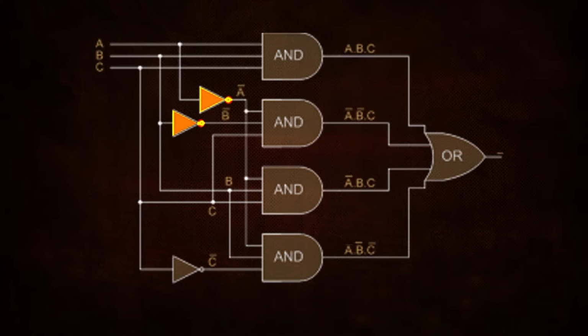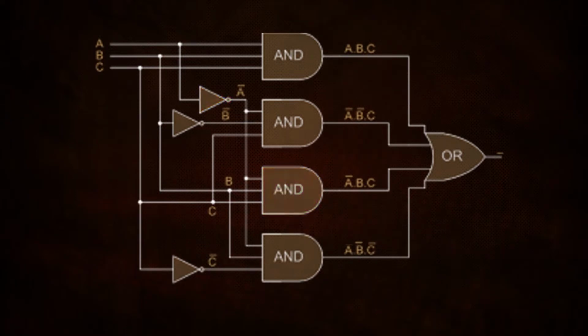Let us draw the logic circuit for the sum function. Inputs A complement, B complement and C are fed into an AND gate, which produces A complement B complement C, where the complemented inputs are generated by using a NOT gate. Then A complement, B and C go to the second AND gate, which produces A complement BC.